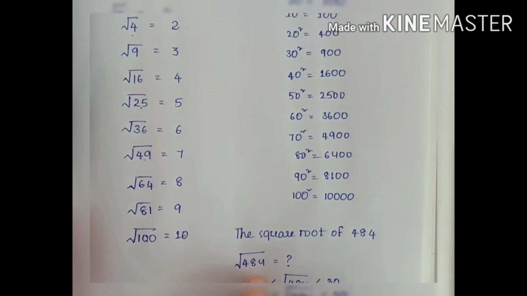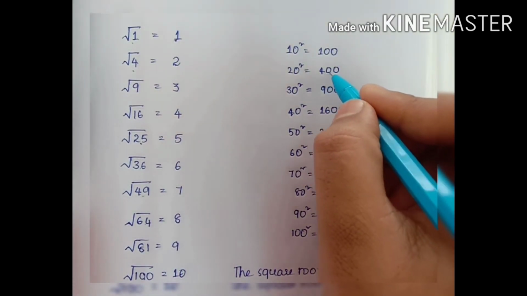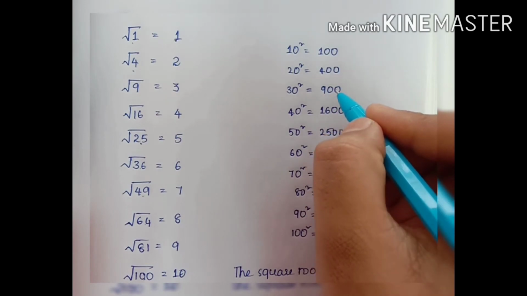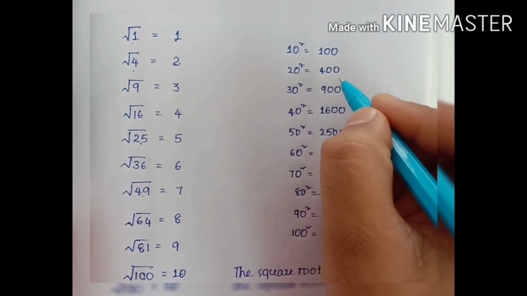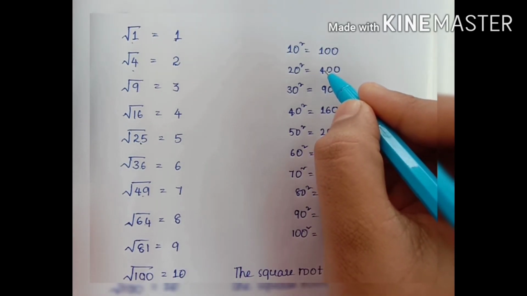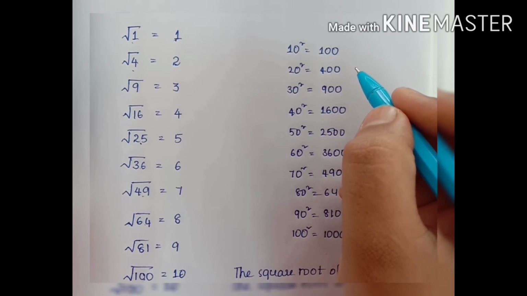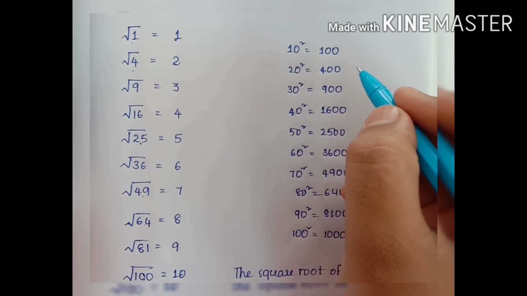Then, 484 is so close to 400 and too far from 900. So this 484 lies closer to 400. And as we know, square of 25 is 625.